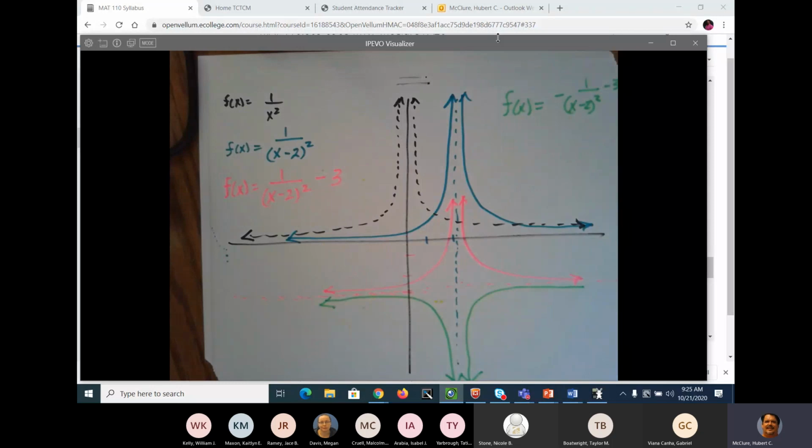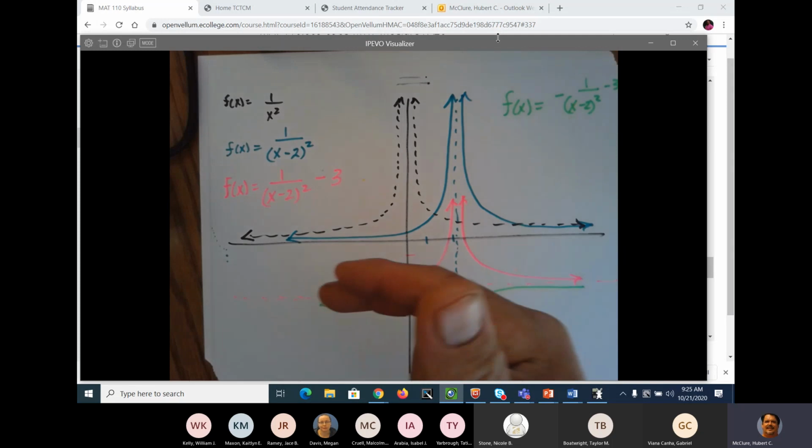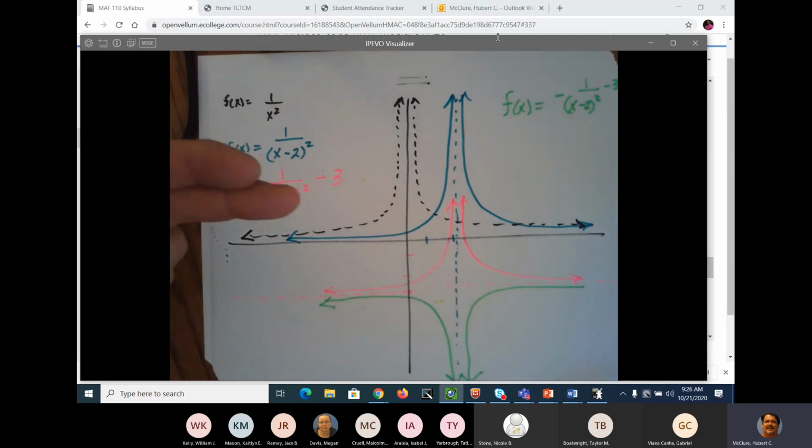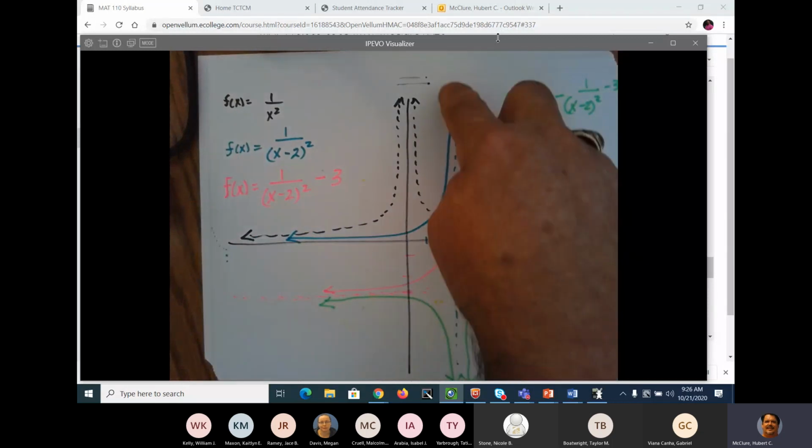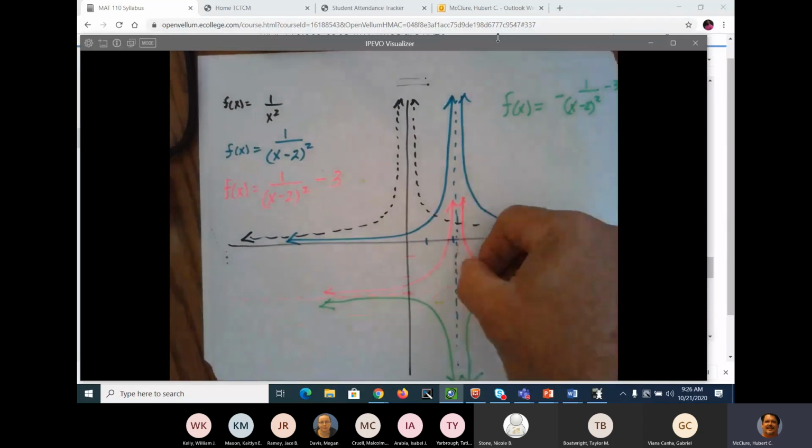So again, as you can see, the vertical and horizontal shift and orientation, of course, if you compress this way, it's going to make it closer to the origin. If you compress this way, it's going to bring this closer to the origin.